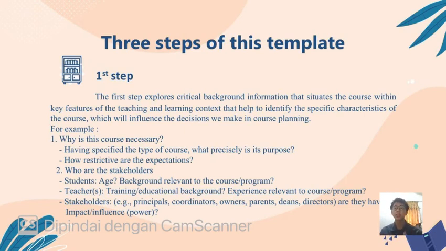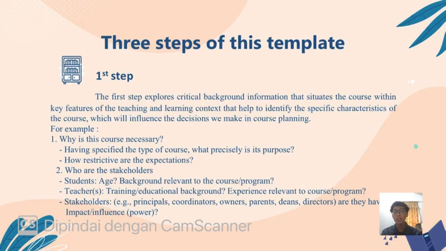Here there are 3 steps of making this template. The first step is focused on exploring critical background information that situates the course within key features of the teaching and learning context, to help identify the specific characteristics of the course, which will influence the decisions we make in course planning.